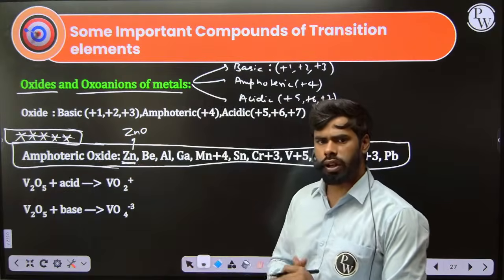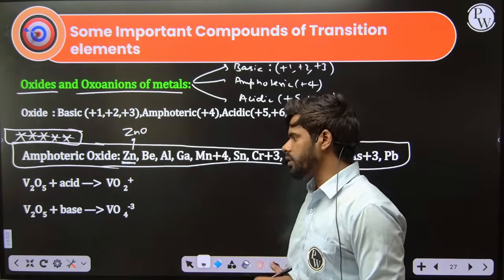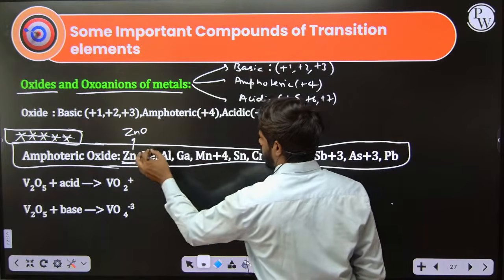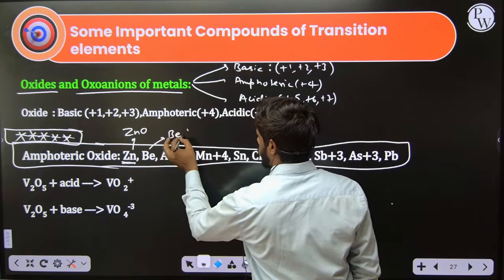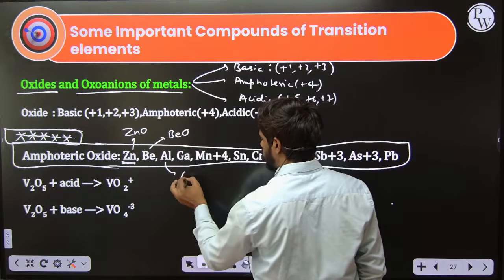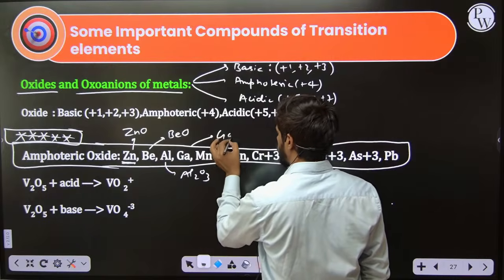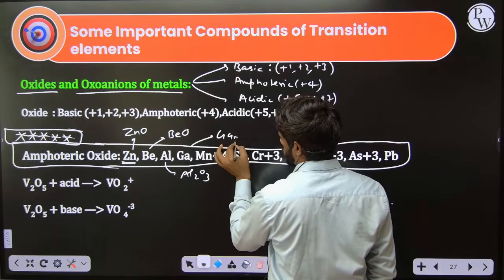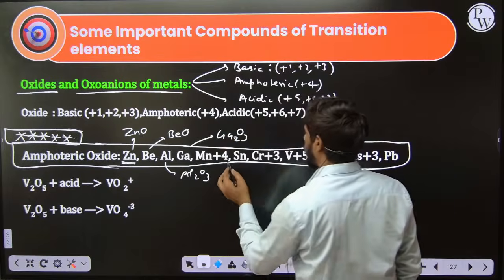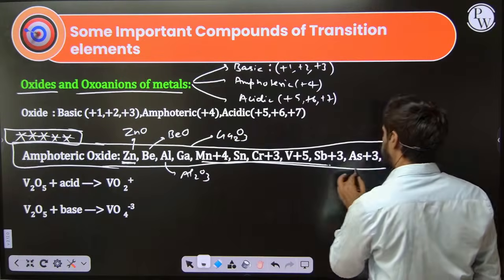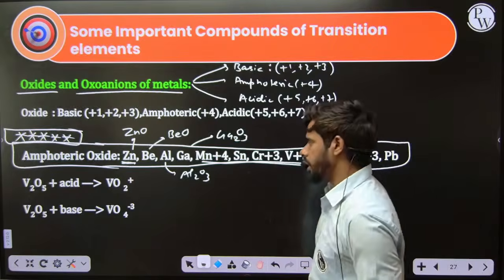Amphoterics are those oxides which can react with an acid as well as a base. So beryllium, it is BeO. Aluminum, it is Al2O3. Gallium, it is Ga2O3. All of it is given here. It is amphoteric in nature.